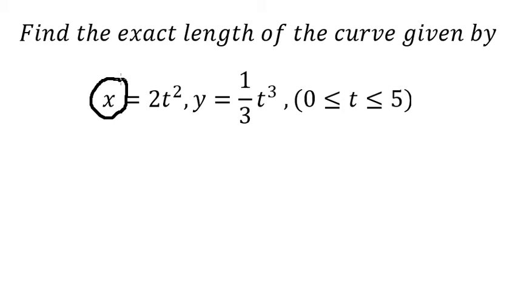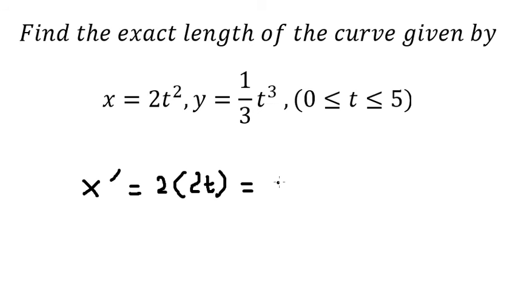We have x, we have y. The first thing we need to do is the first derivative of x with respect to t. The first derivative of t squared is 2t, and we have 4t.